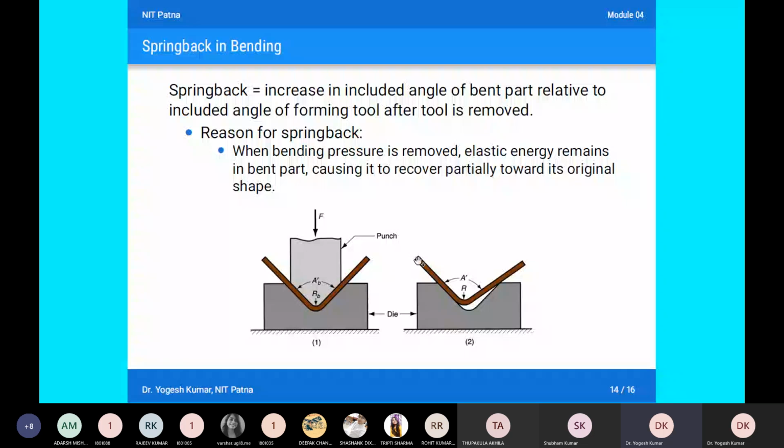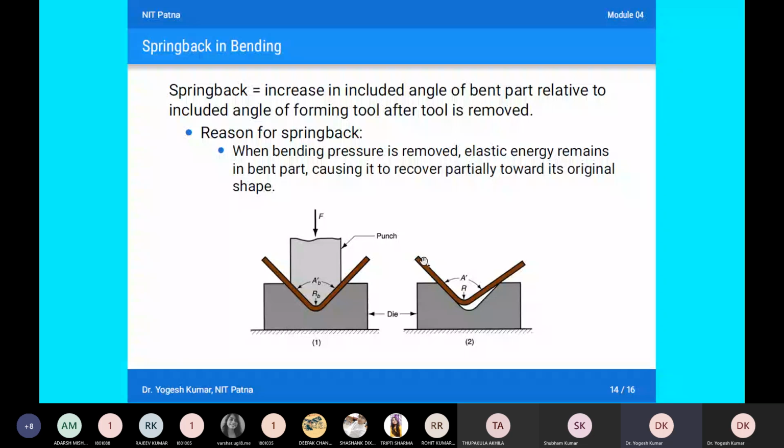Because of this elastic energy, there is some decrease in the angle of your bent part.